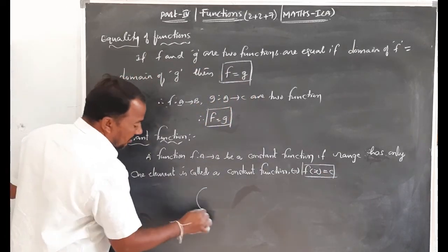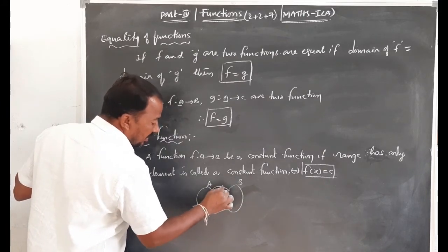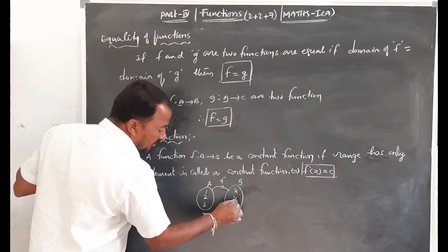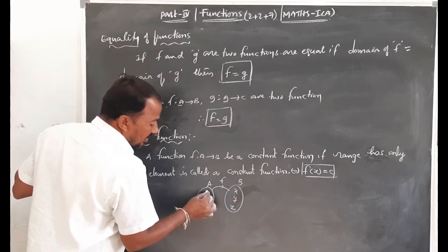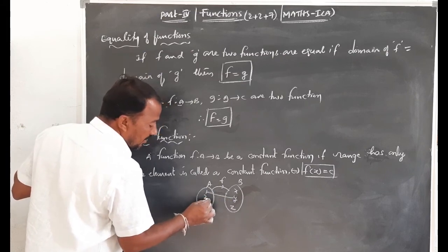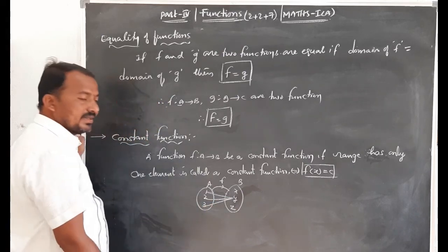For example, with A and B, f maps 1, 2, 3 to x, y, z: the image of 1 is y, the image of 2 is y, the image of 3 is y.